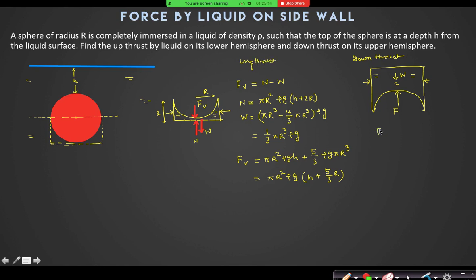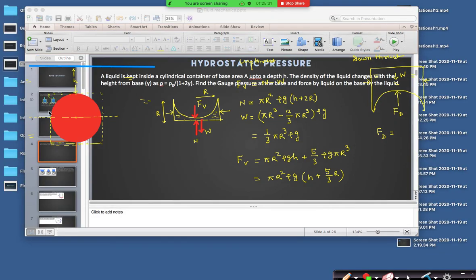So F down is equal to weight. What is weight of this part? There is one full cylinder and one this part.